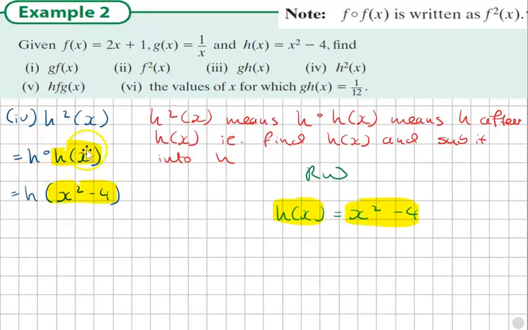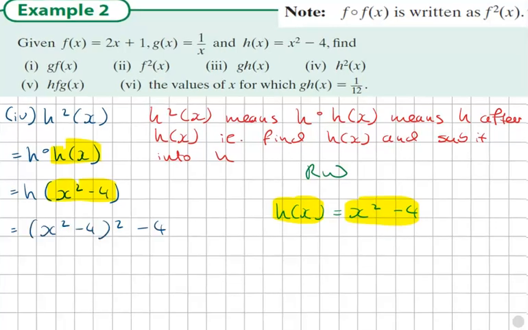So h after h of x, we're going to get h of x squared minus 4. So we're going to substitute x squared minus 4 into itself. Our question says h of x equals x squared minus 4, so we swap that x for a set of brackets and we put x squared minus 4 into the brackets. So we get x squared minus 4, all squared, minus 4.